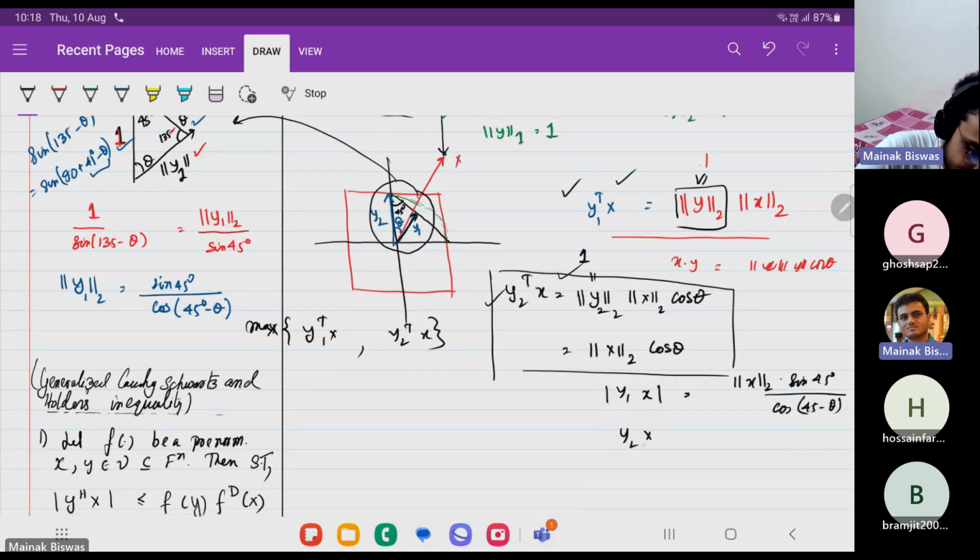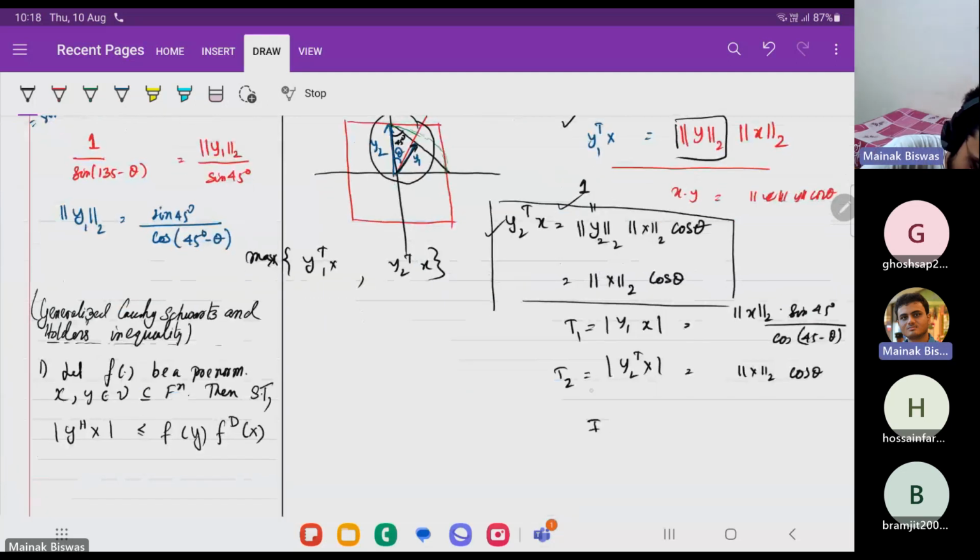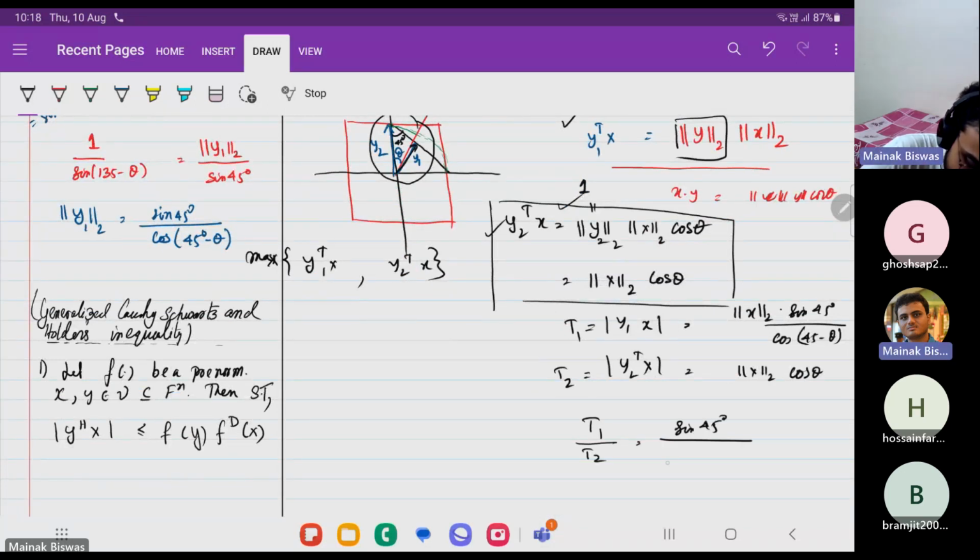Similarly, your y2 transpose x is equal to the norm of x cos theta, right? So what would be term 1 by term 2? Term 1 by term 2 would be sine 45 degree by cos theta into cos 45 minus theta. Yes or no? I'm just dividing these two.